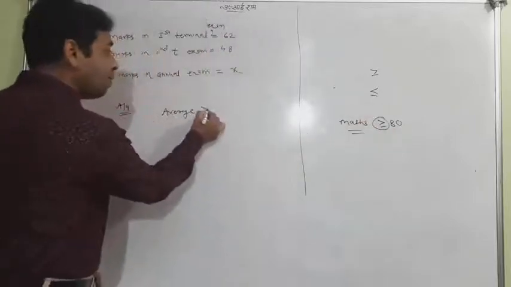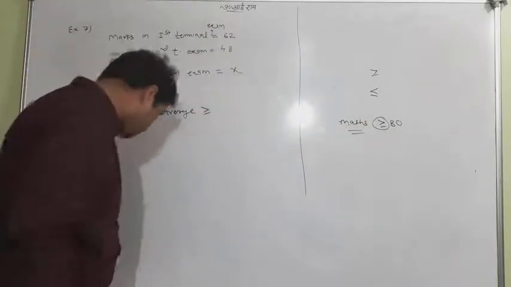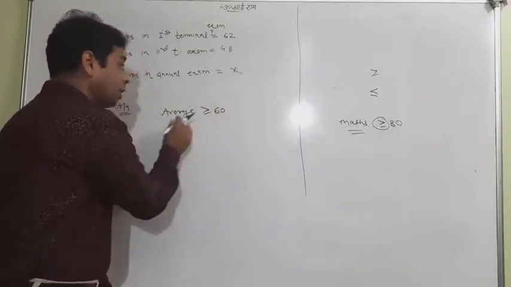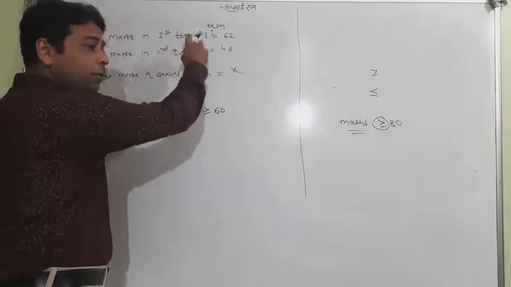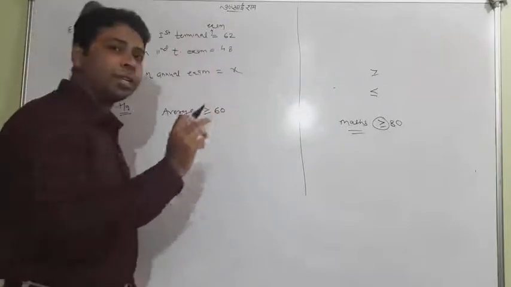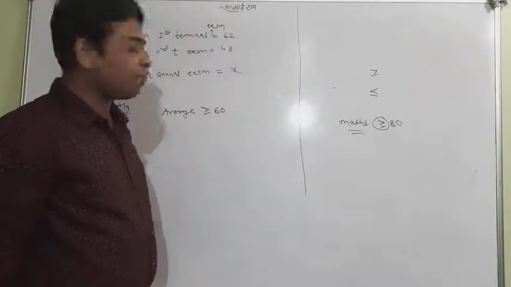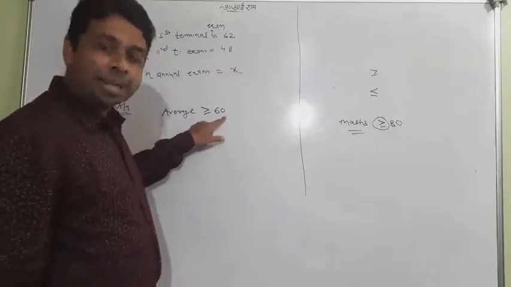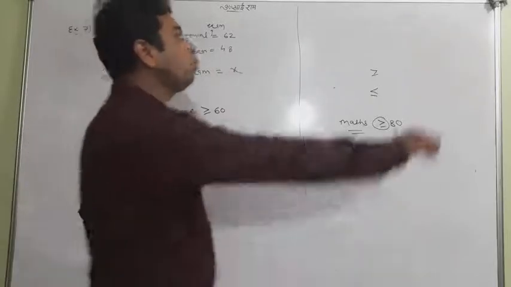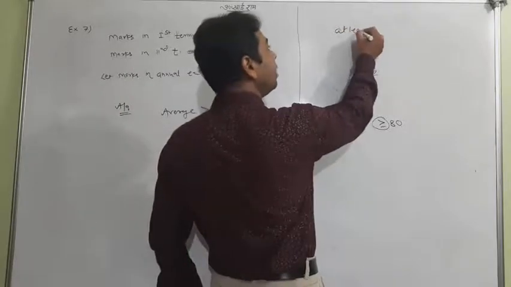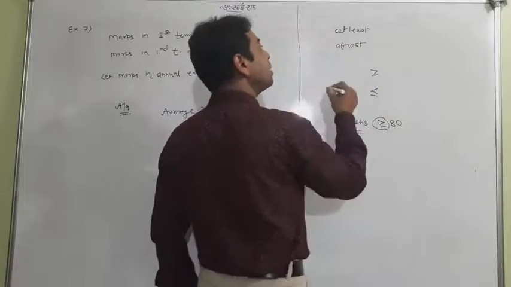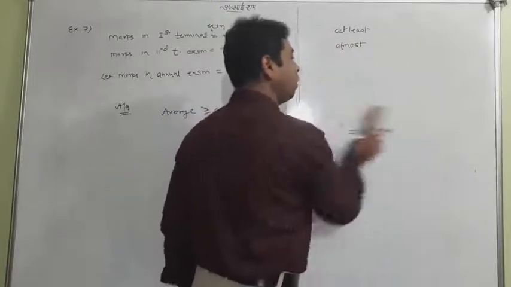The average should be at least 60, meaning minimum 60 or more than 60. We have two words, at least and at most, and that only depends on the condition.